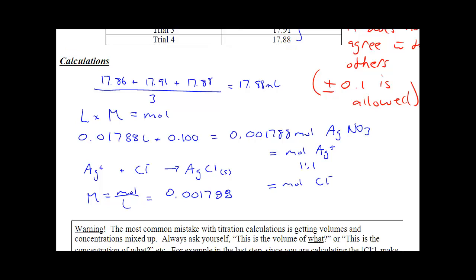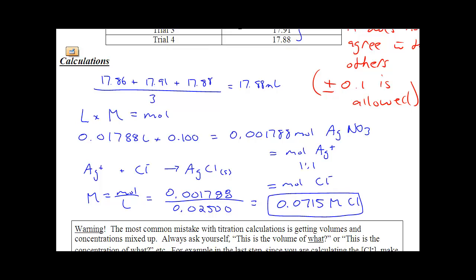It's the exact same number we just wrote down, divided by the liters, that's our sample size, 25 mL in liters. So, according to this question, that divided by that gives me a concentration of 0.0715 big M. So that would be the concentration of chloride in my neighbor's pool.